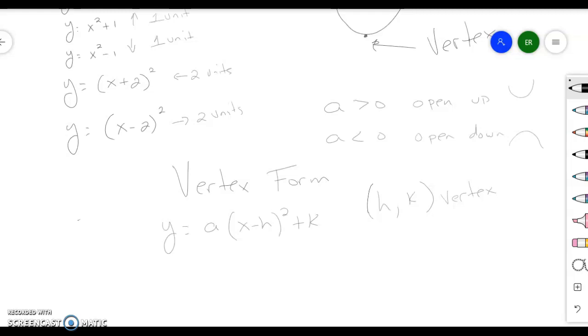What I want you to notice here is this minus in the equation. That minus is really just like an opposite. It's an easy way to think of it as an opposite.